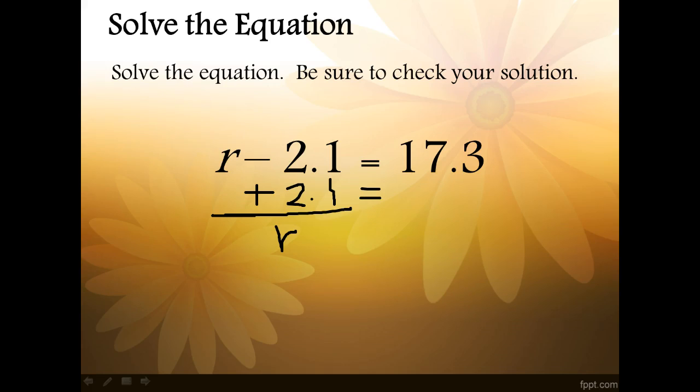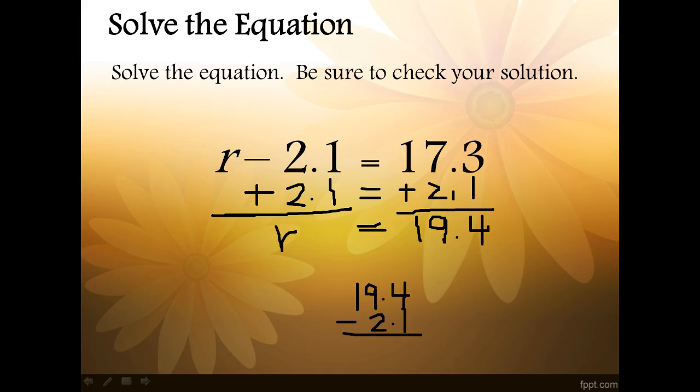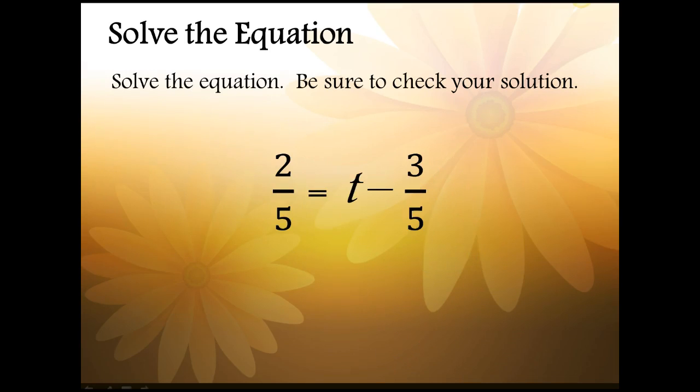And to keep our equation balanced, we will add 2 1/10 to the other side. When we add them up, we have 19 4/10. Then we will go back and check our solution. 19 4/10 minus 2 1/10 does in fact equal 17 3/10, so we know we have found the actual solution.